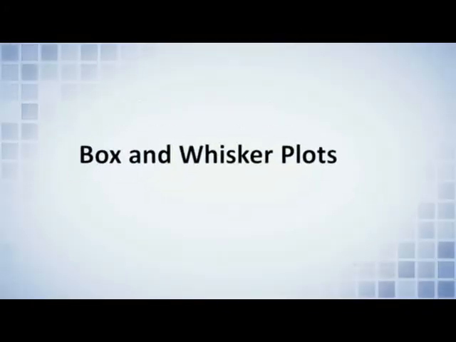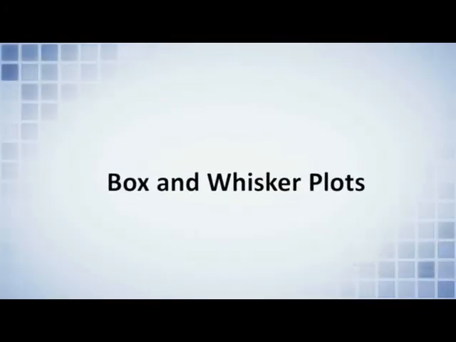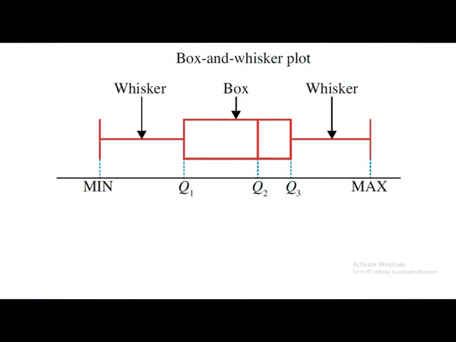I hope you still remember how box and whisker plot looks like. This is box and whisker plot looks like. This is the whisker. It's the minimum value and the maximum value, and then the box, it's represent Q1, Q2 or the median, and Q3.